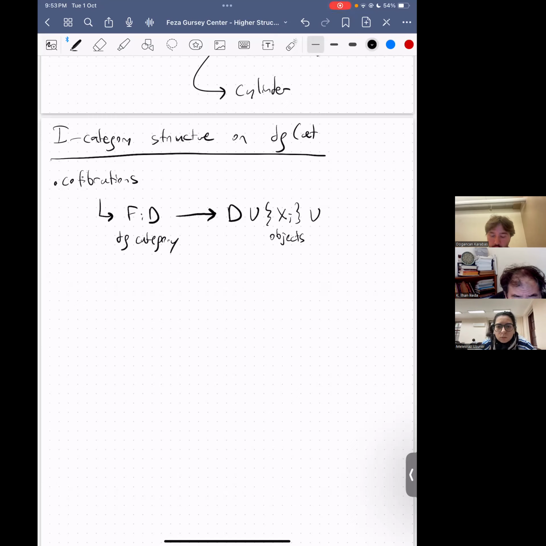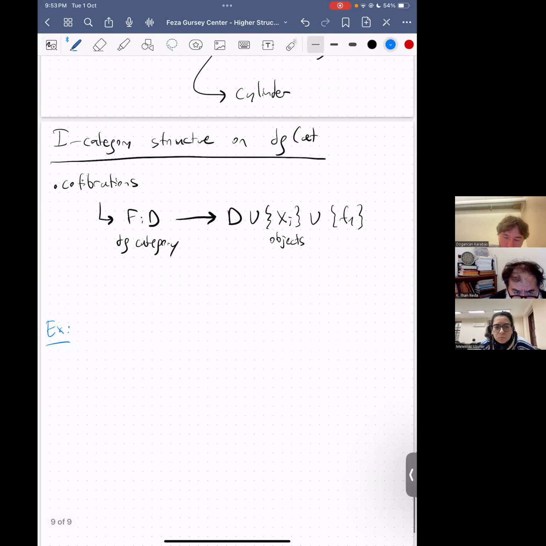Then to this new category, I add a morphism F1, I draw an arrow. Maybe I show with an example. Let's say my initial category D is this: two objects and one arrow.